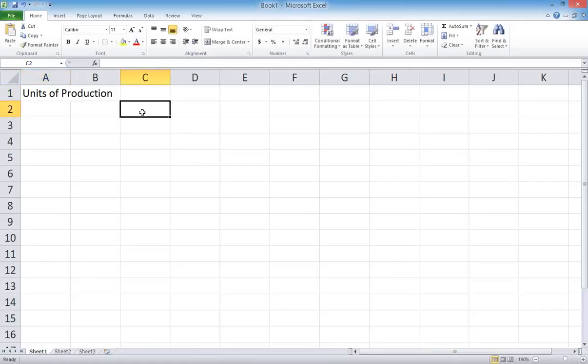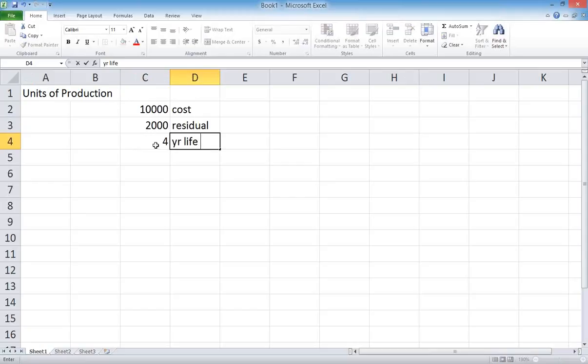So let's just make up a simple example. We have something with a cost of $10,000, and we'll say $2,000 residual, and we'll say a 4-year life, 100,000 hours.